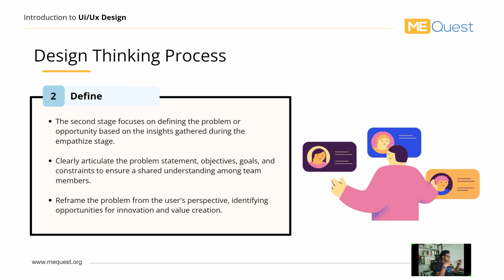The next one is definition. You need to define. The second stage focuses on defining the problem or opportunity based on the insight gathered during the empathy stage, right? Clarity: articulate the problem statements, objectives, goals, and constraints to ensure a shared understanding among team members, right? And also, you need to reframe the problem from the user's perspective and find opportunities for innovation and value creation.